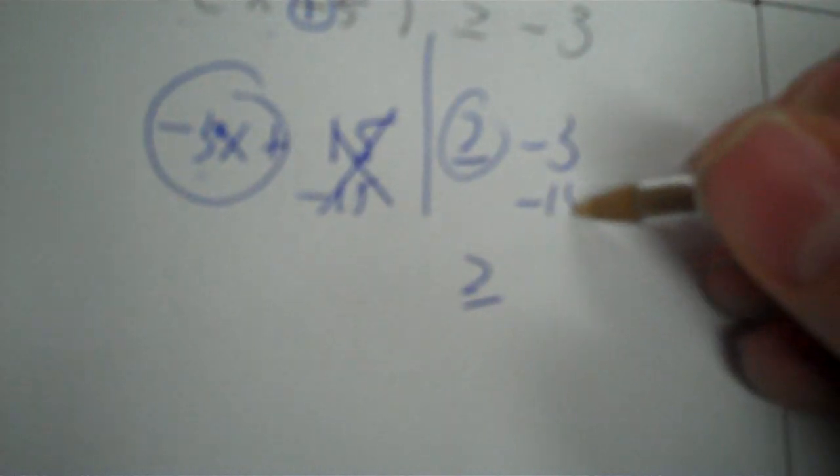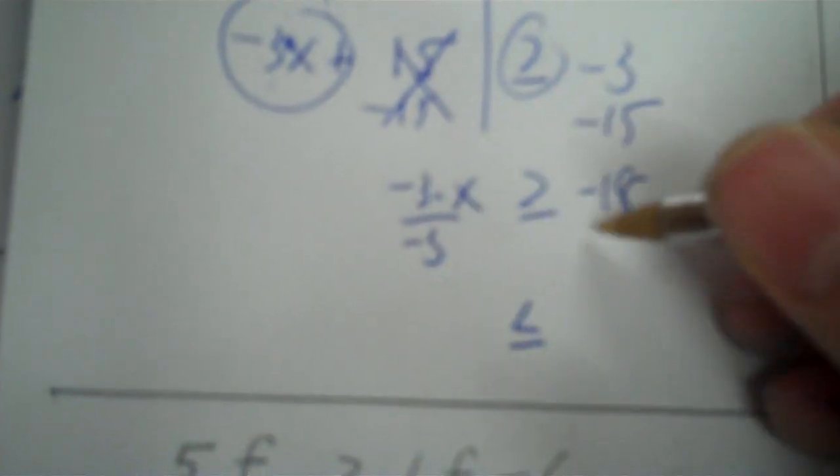Okay, so when I'm minus 15, I'm not switching the sign. Okay, so negative 3 times x. Negative 3 minus 15 is negative 18. Then when I go to divide, I'm switching the sign because I'm dividing by a negative. Had that been positive 3 right there, I would not be switching the sign.